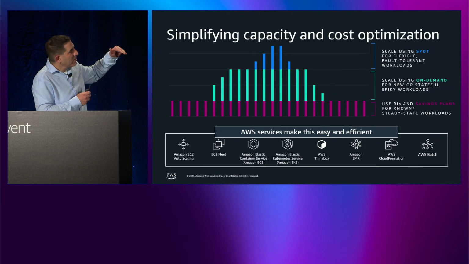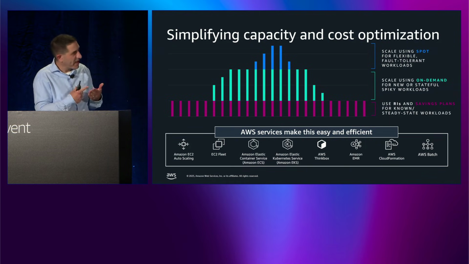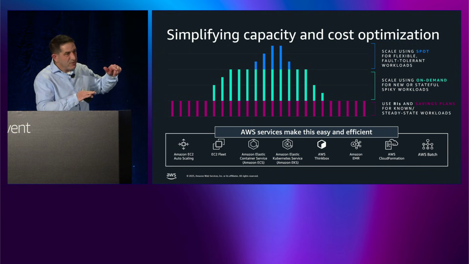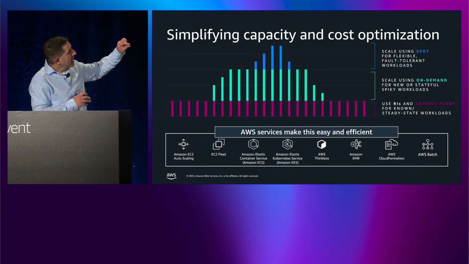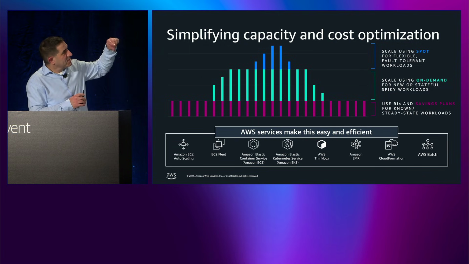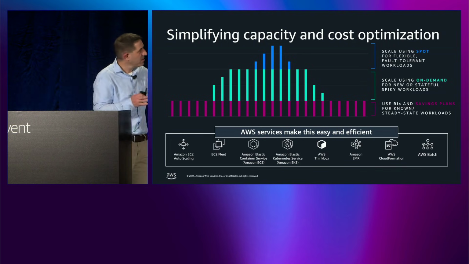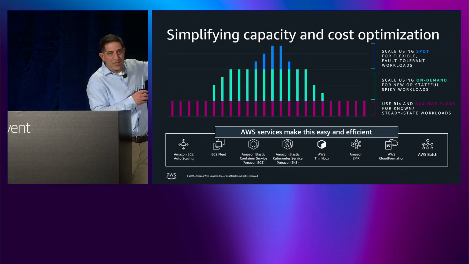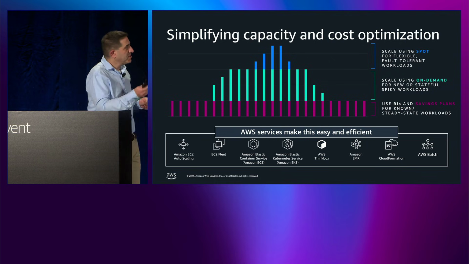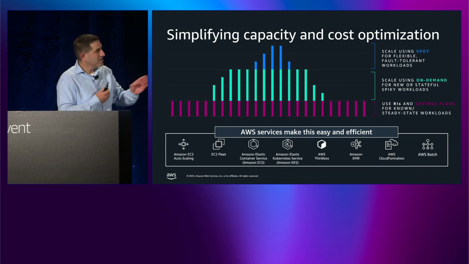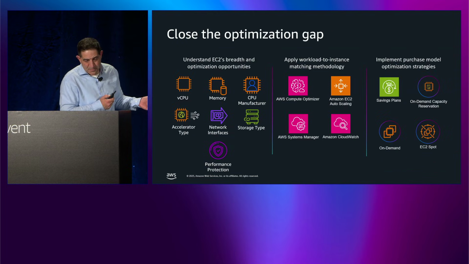For spiky workloads where you need to know you can get capacity, but you're not quite sure what the variation will be, you can use a little tier of on-demand, and at the top, you can layer on some spot for those flexible fault-tolerant workloads. Customers that can really utilize all three of these categories for their workloads will achieve the most efficient utilization of EC2 at scale.